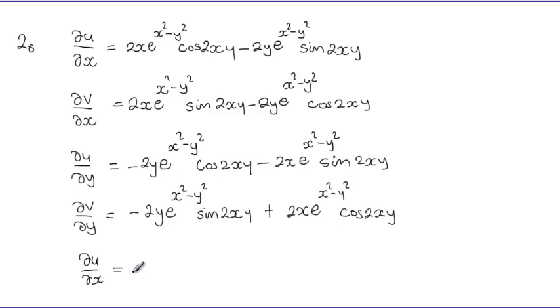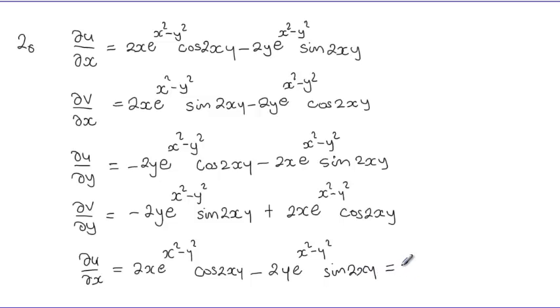So this is equal to 2x e^(x² - y²) cosine 2xy minus 2y, which is this term, e^(x² - y²) sine 2xy. As you can see, this is clearly equal to ∂v/∂y.